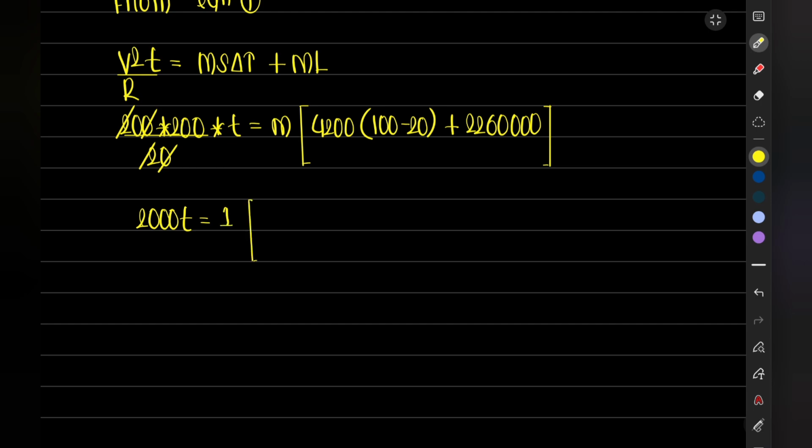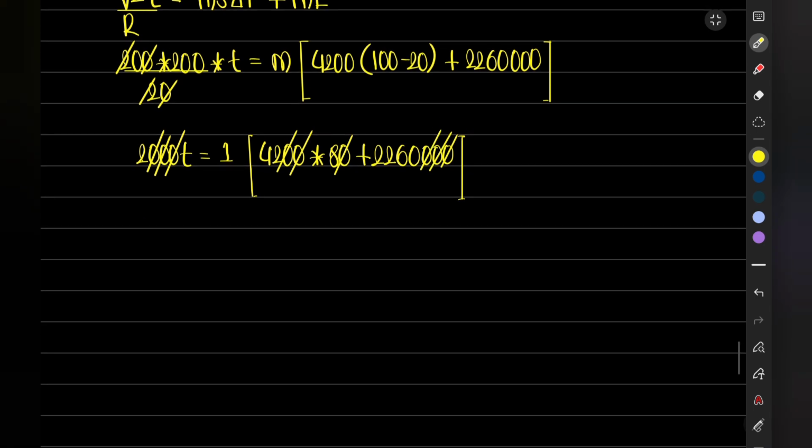After this 4200 into 100 minus 20, which is 80, plus 2260 followed by 3 zeros. Now let's cancel some zeros. These zeros we have cancelled.